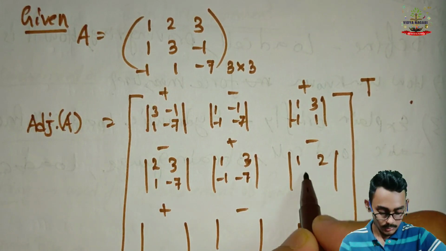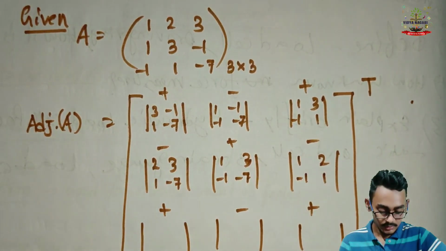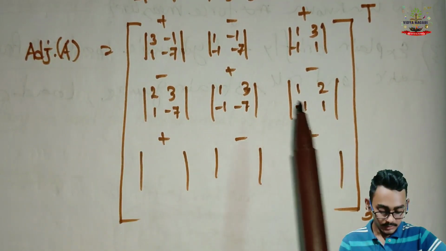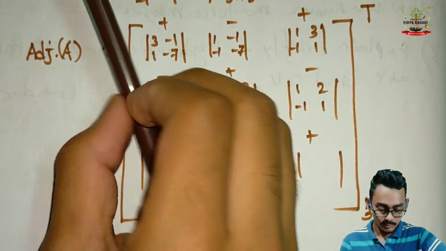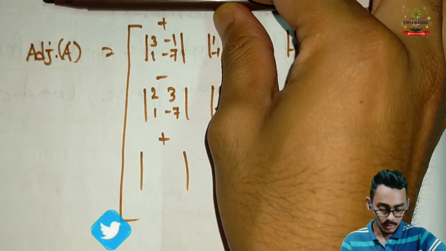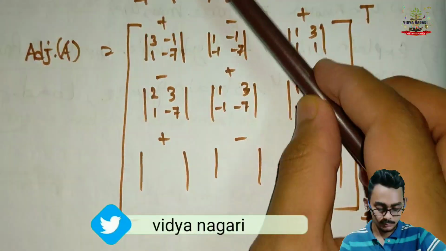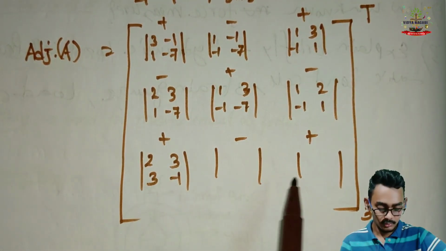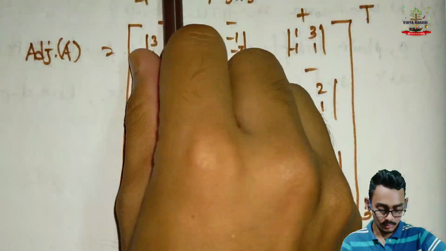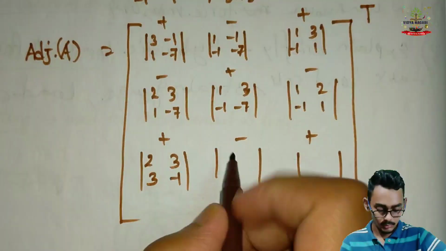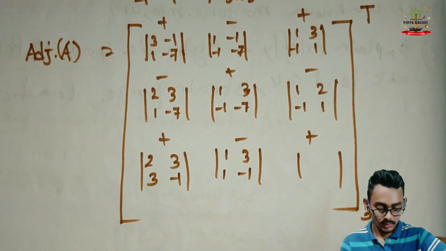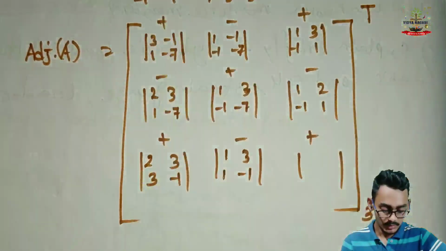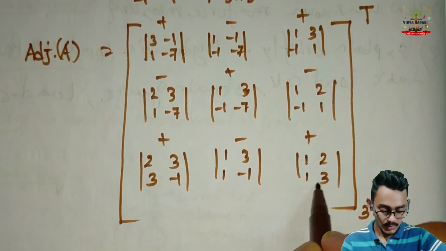For the third row, with respect to the respective row and column, this element gives 2, 3, 3, minus 1. For this element, 1, 3, 1, minus 1, and for this one, 1, 2, 1, 3.